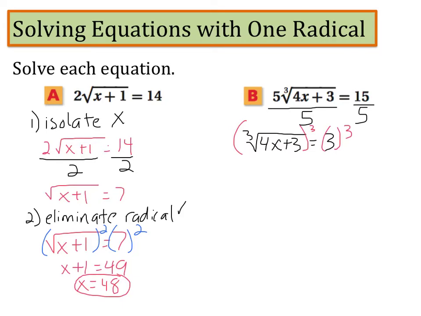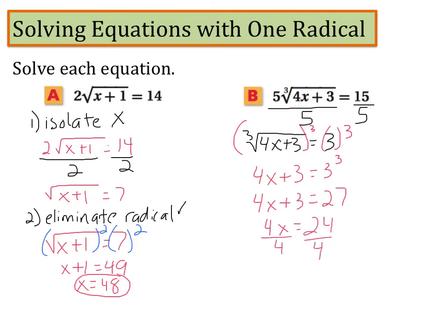When I do that, I'm left with 4x plus 3 equals 3 to the third. I know 3 to the third is 27, so I'm left with 4x plus 3 equals 27. Isolate x, so I have 4x equals 24, divide both sides by 4, and x equals 6.